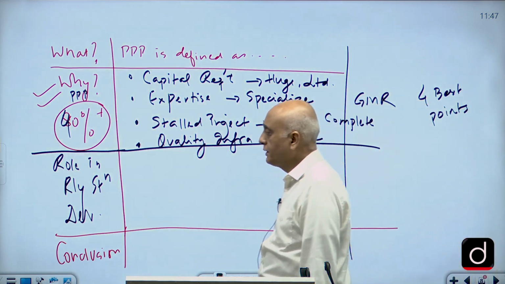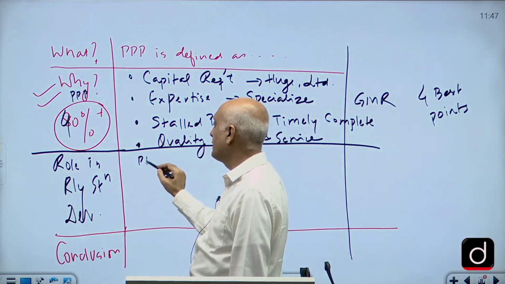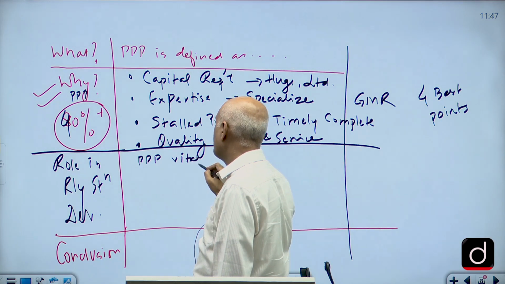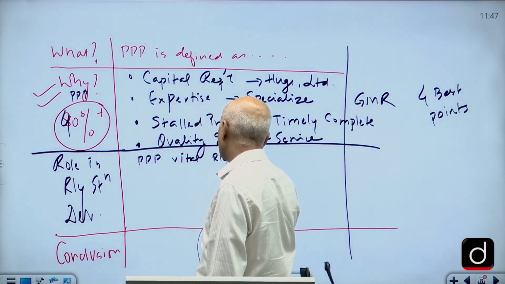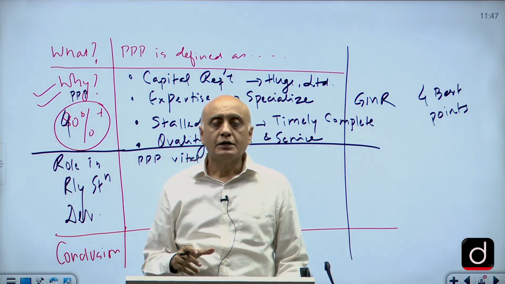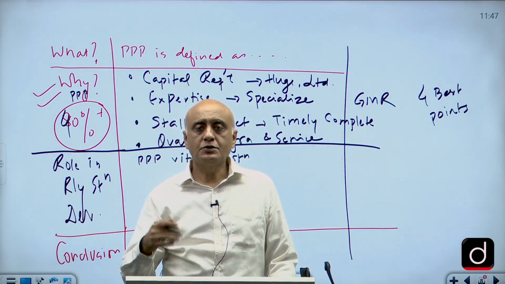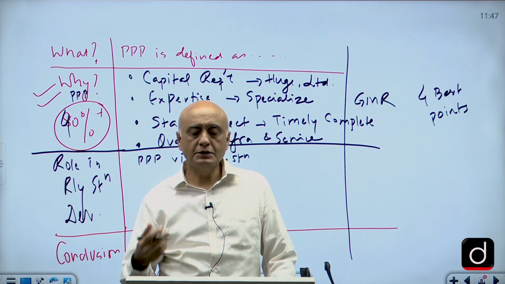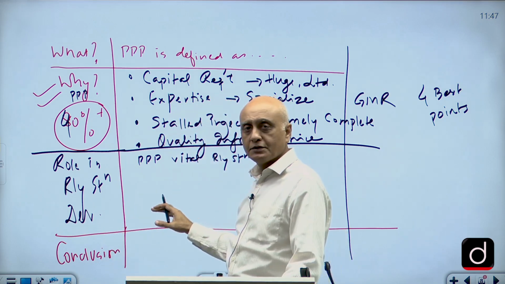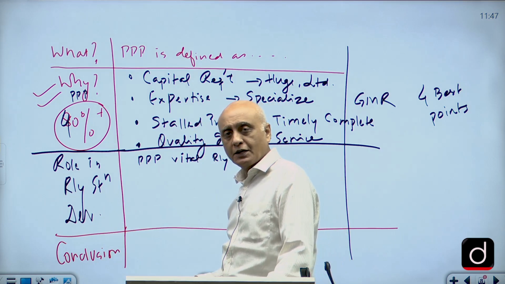Moving on to the second part, you can write that PPP can play a vital role in the development of railway stations because the railway does not specialize in the customer services which are apart from the railway activities.